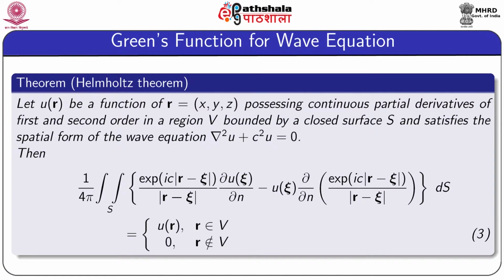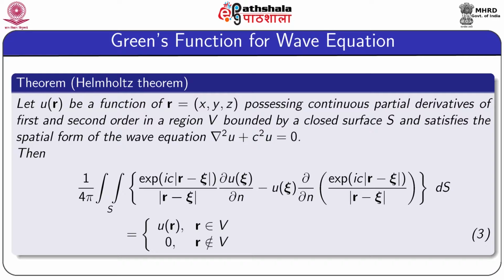Then the surface integral of 1 by 4 pi, exponential of i c mod r minus xi divided by mod r minus xi into del u del n minus u del del n of exponential i c mod r minus xi divided by mod r minus xi, is equal to u r if r is a point in the region V, and the value of this expression is 0 if r is outside the region V.